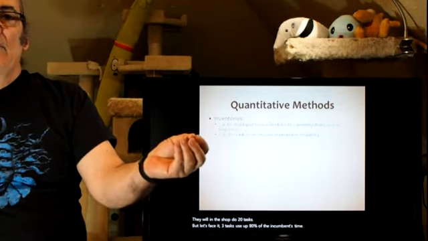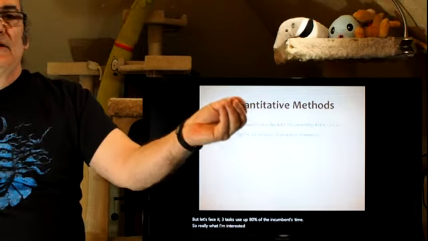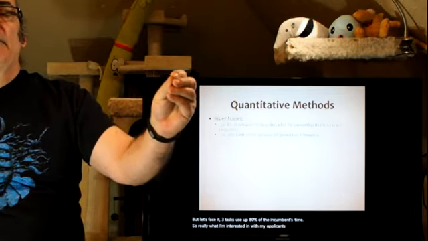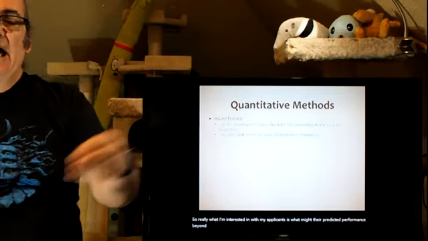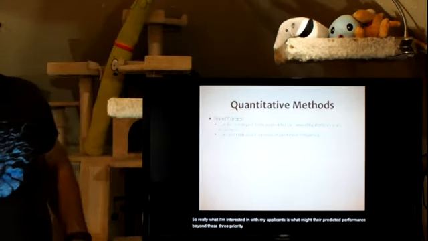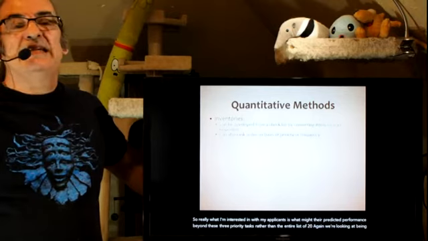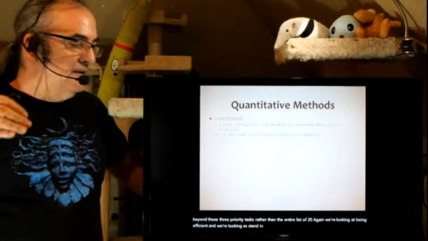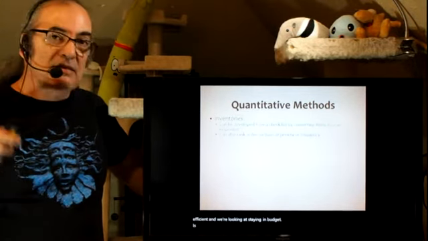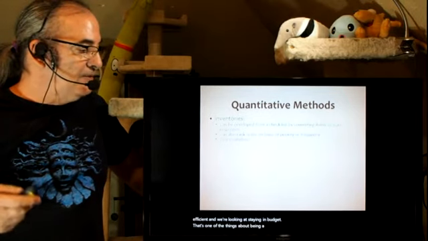So really, what I'm interested in with my applicants is what their predicted performance might be on these 3 priority tasks rather than the entire list of 20. Again, we're looking at being efficient and we're looking at staying in budget, right? Because that's one of the things about being a manager: you often have to deal with your budgets.